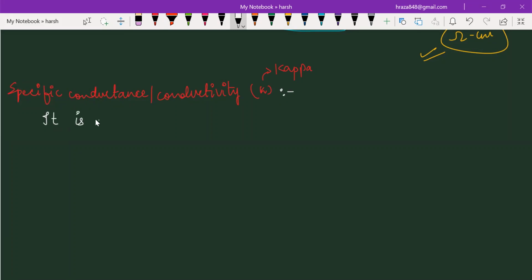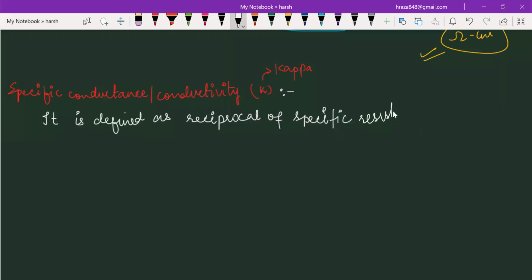So we can write it is defined as the reciprocal of specific resistance or resistivity.